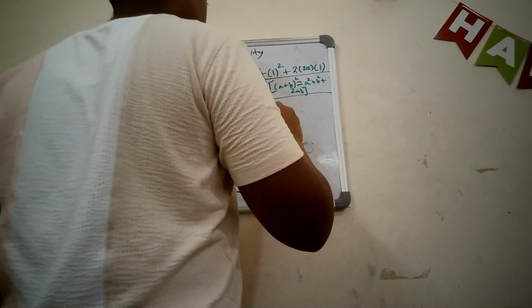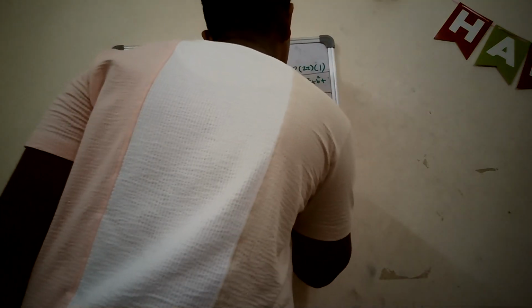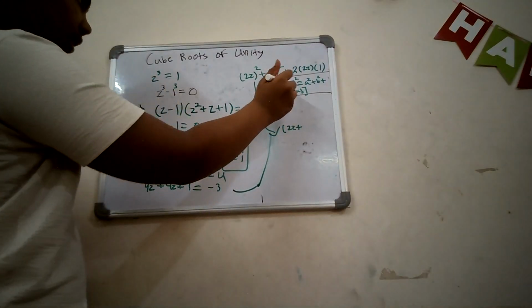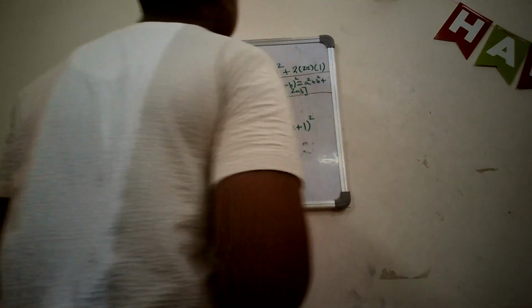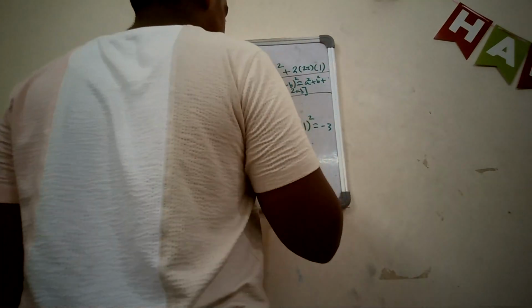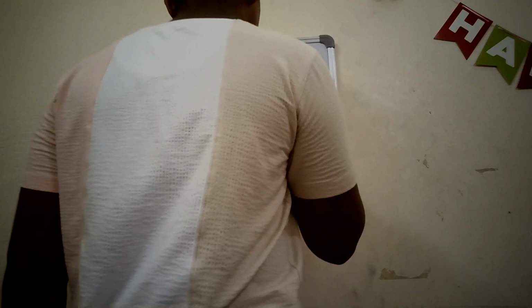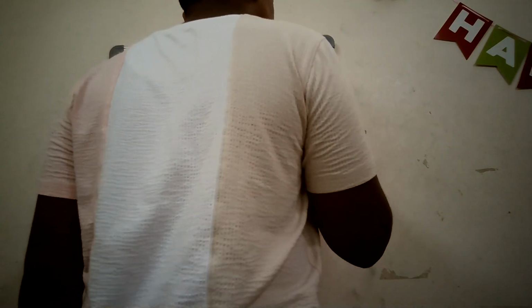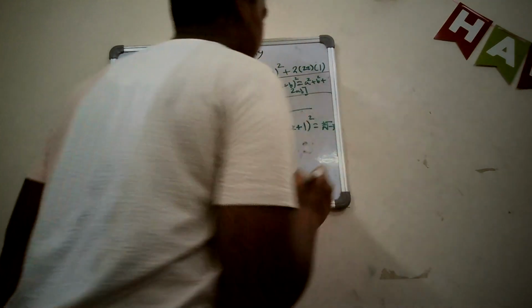Okay, so now let's come down a little bit. Then we can write this as (2z plus 1) whole squared, given the formula a plus b whole squared, equals -3. We have to take the square root on both sides. And one more thing, when you're taking the square root of -3, be sure to put the plus minus sign.